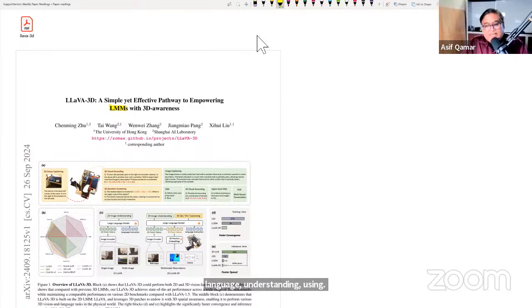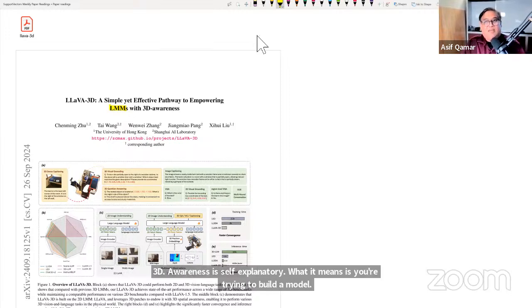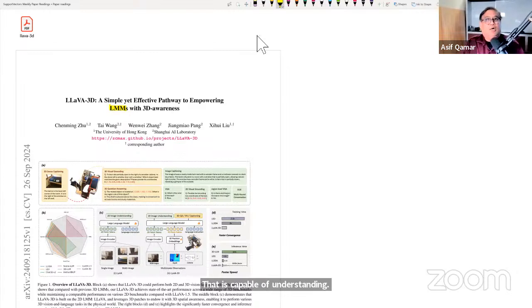Now, 3D awareness is self-explanatory. What it means is you're trying to build a model that is capable of understanding the 3D-ness of the real world. It doesn't mean necessarily that you will give it 3D data. It just means that given a 2D image, it will nevertheless be aware that the 2D picture represents an inherently 3D world.